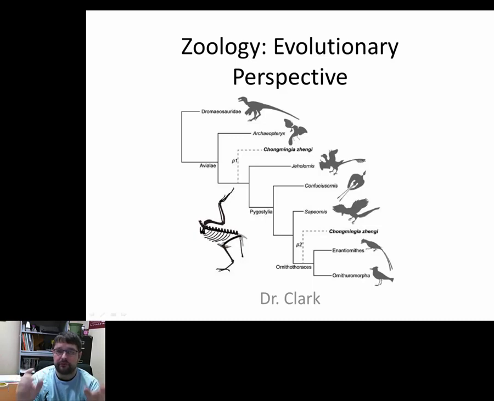So today I'm just going to give you a brief overview of what I mean by evolutionary perspectives. It might start with something as simple as a phylogenetic tree. Depending on the type of cladogram or phylogenetic tree, it will depend on what's available to you via data.